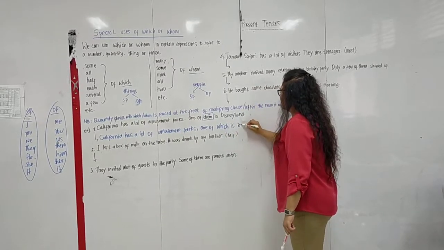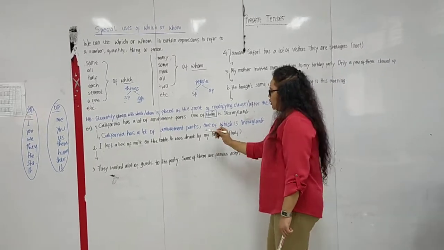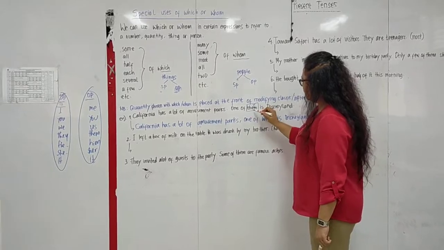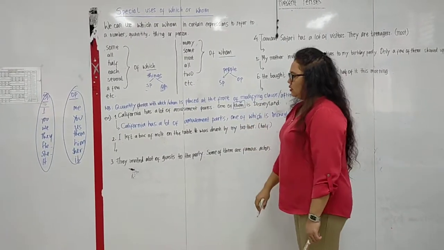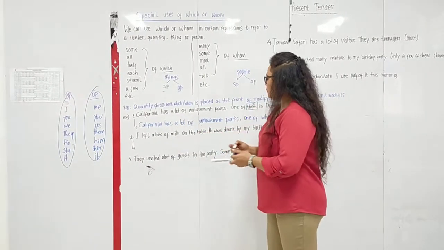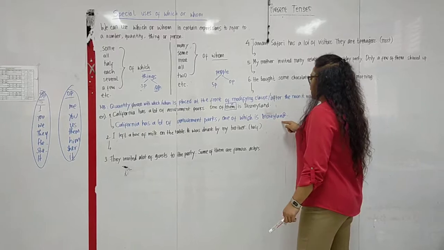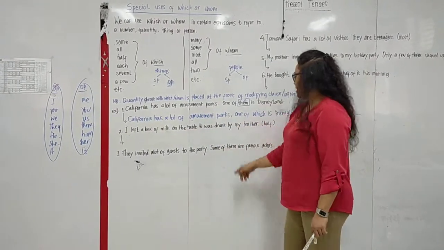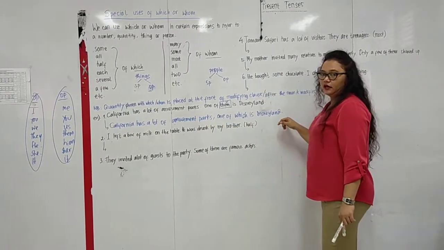We are talking about amusement parks, so you have to change the object pronoun them into which. California has a lot of amusement parks, one of which is Disneyland. California mempunyai banyak taman hiburan. Salah satu dari taman hiburan yang ini adalah Disneyland.